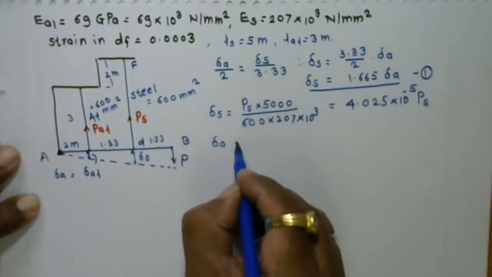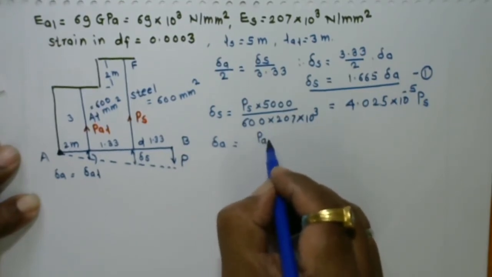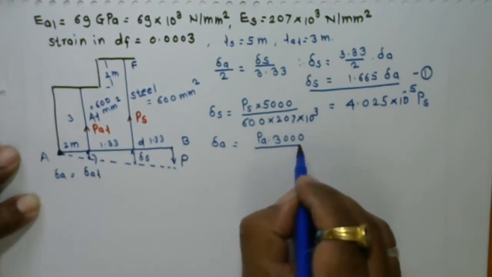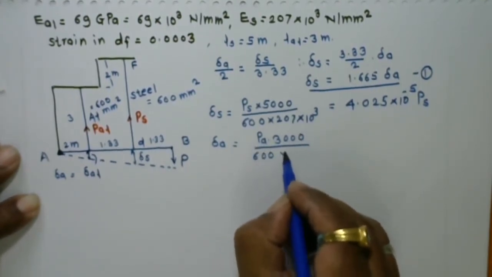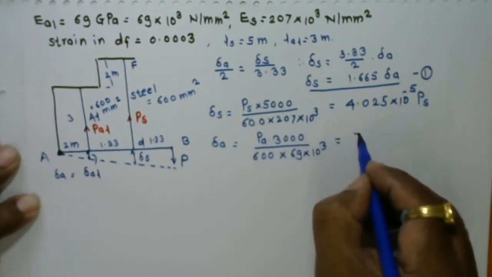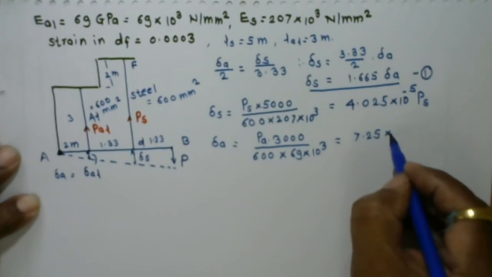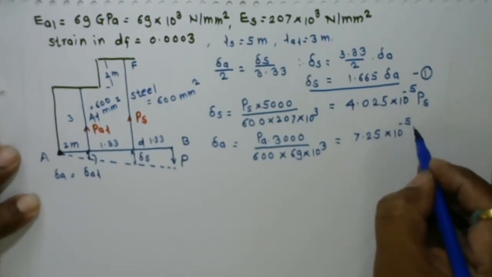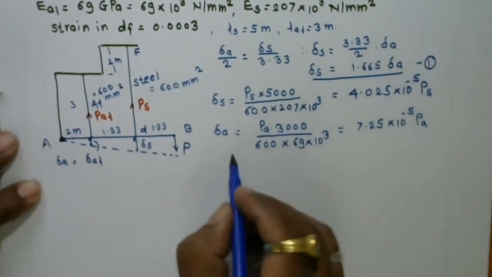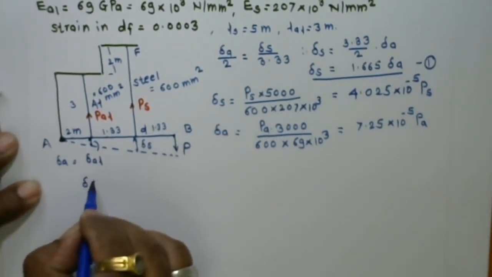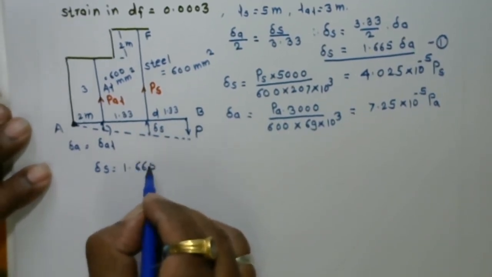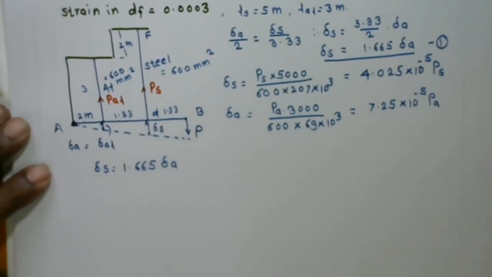Similar way delta aluminium we may calculate load acting on that, that is PA. Length is given here 3000. Area remains same. Modulus of elasticity given 69 into 10 raised to 3. So 7.25 into 10 raised to minus 5 PA. So we know the relations delta S is equal to 1.665 delta AL.